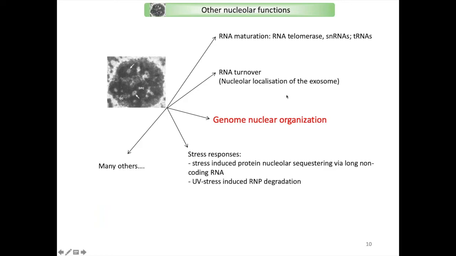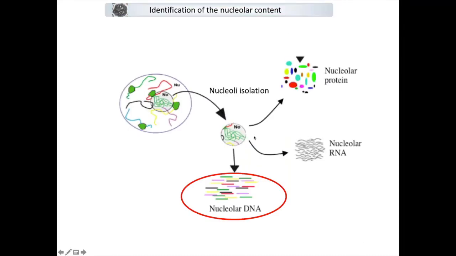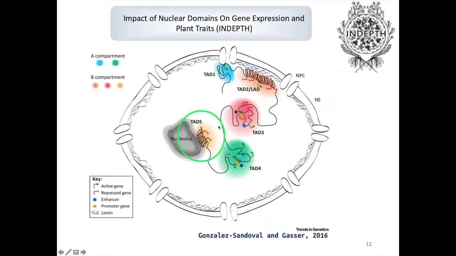I will briefly focus on the role of the nucleolus in genome nuclear organization, which is basically the identification of nucleolar DNA. In the context of the in-depth ECOST network, we are interested in how nuclear domains impact gene expression.